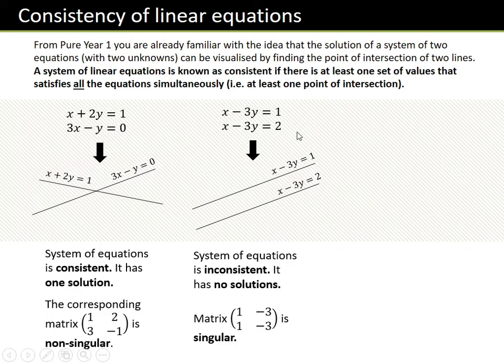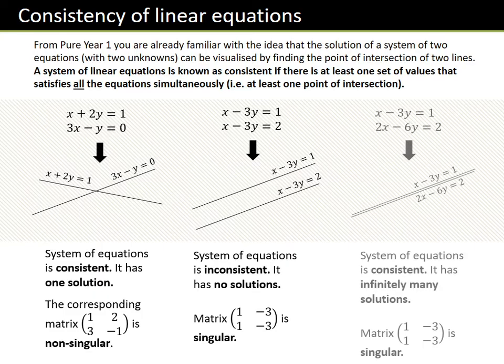They obviously can't both be true at the same time. How could it be equal to 1 and equal to 2 at the same time? That is what we call inconsistent. And we should notice about this matrix that its determinant is 0, which makes sense because there's not going to be an inverse for it, which means we can't find a solution to this simultaneous equation.